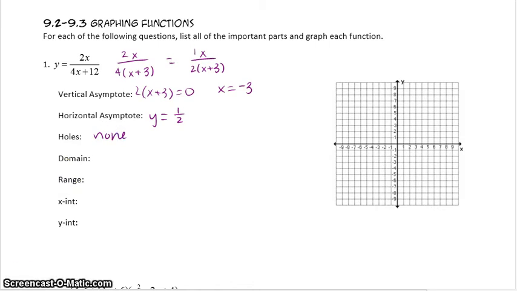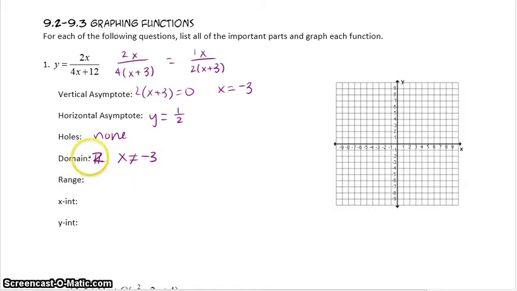So next we need to look at our domain and say, okay, what can x not be? We know for sure we can't have an x value of negative 3 since we have a vertical asymptote there. But do we have any other restrictions? Nope, we don't. So it could be all real numbers, but x cannot equal negative 3.